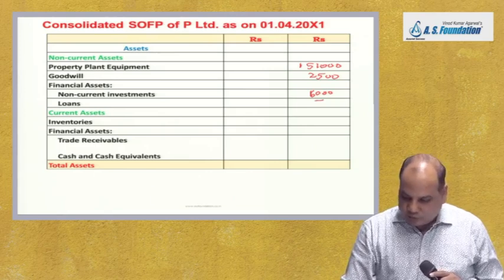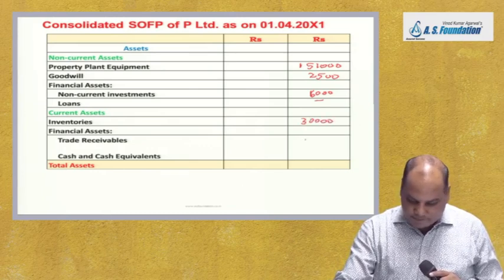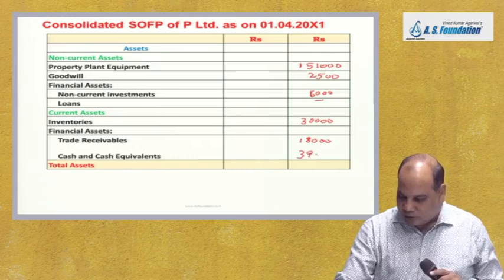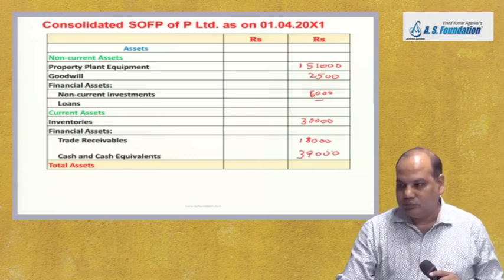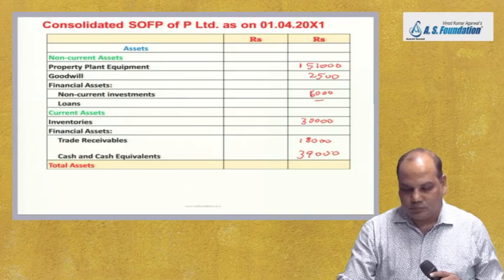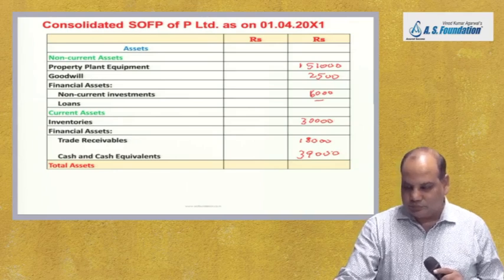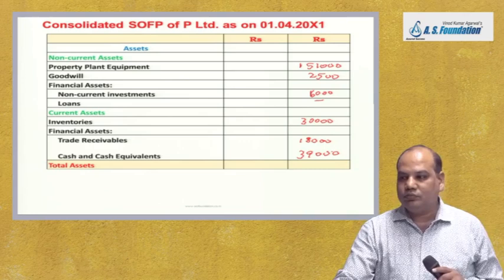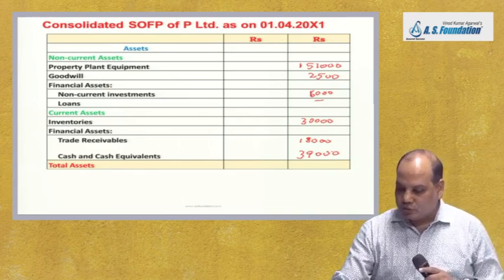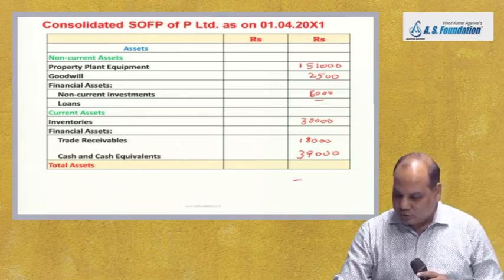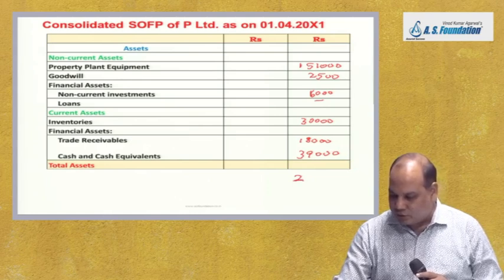Then inventory 30,000. Trade receivable 18,000. Cash and cash equivalent. Total of the asset side, 246. Sure. So everybody write down 246,500.